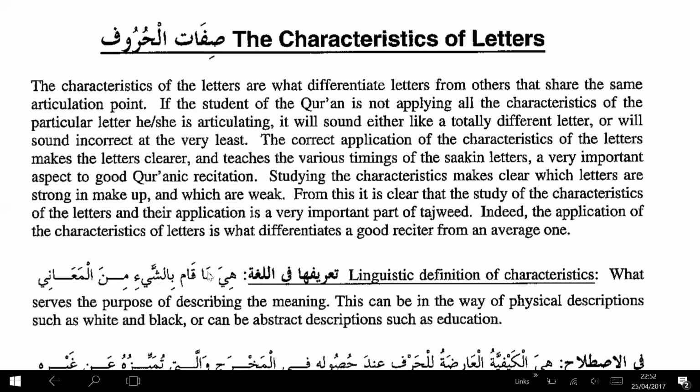And of course, how do you know a reciter is good or not? If a reciter is good, you will know by their recitation. Why? Because they will know the fineness of the characteristics of the letters, and you can make that out. Like for example, seen.